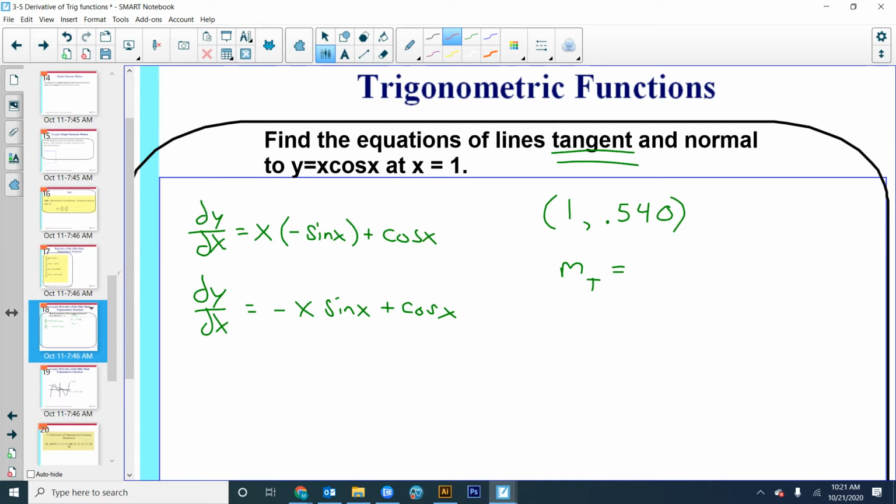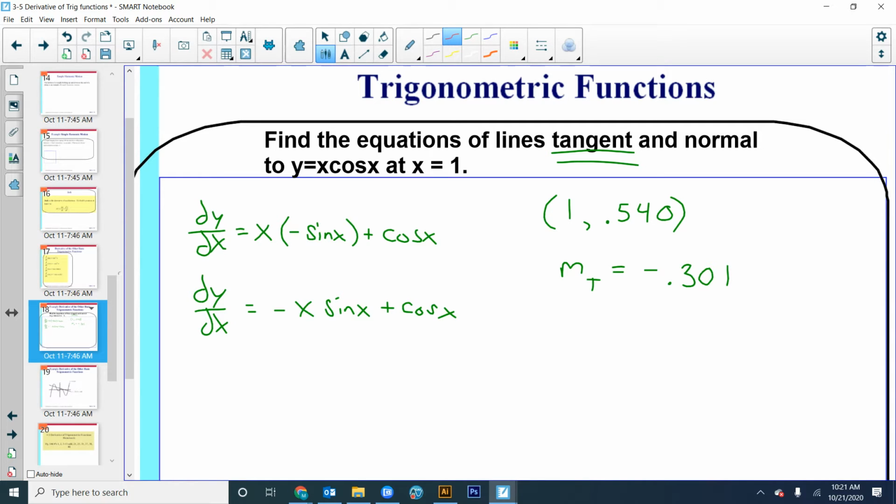Come on. I got negative 0.301. That looks right to me. It's been a year since I've done this one, but I think I remember it being a weird decimal between negative 1 and 1.